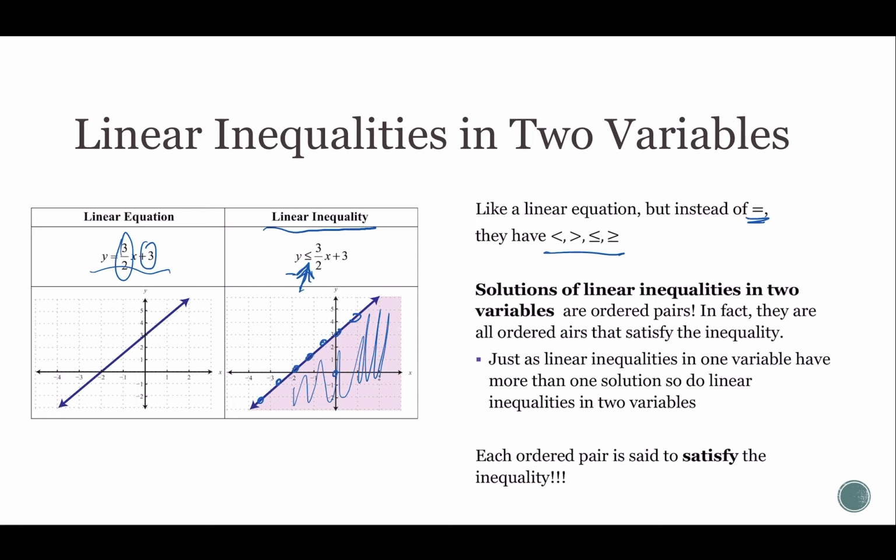So the solutions of linear inequalities in two variables are all ordered pairs. In fact, they're all the ordered pairs that satisfy the inequality. Just as linear inequalities in one variable have more than one solution, so do linear inequalities in two variables. And each ordered pair is said to satisfy the inequality.